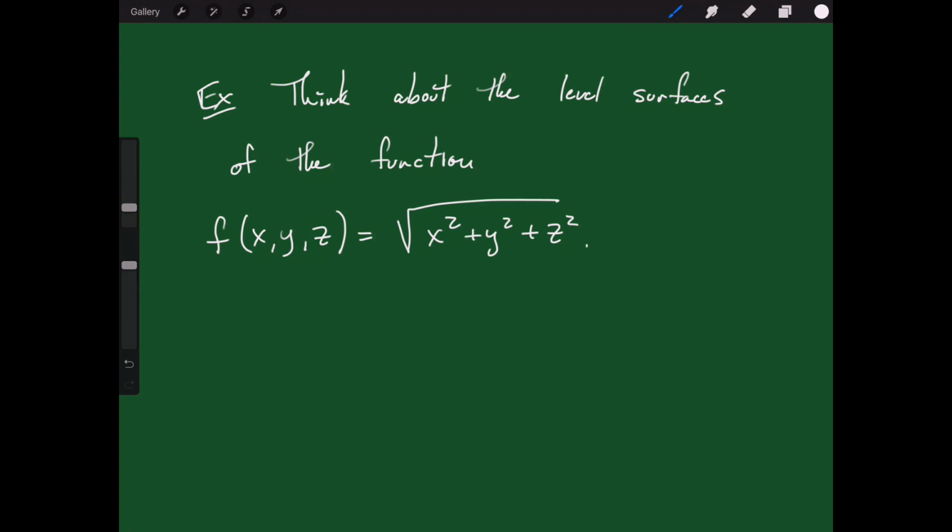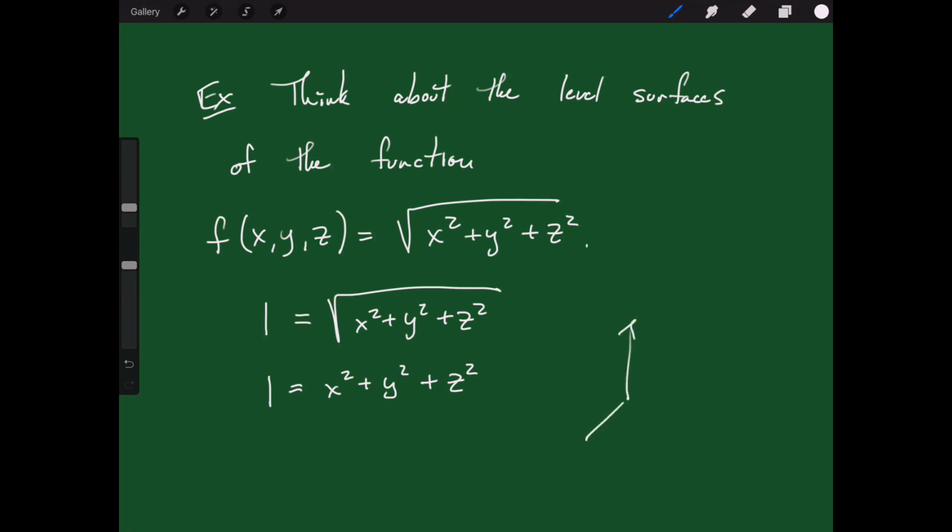So I could say, okay, what if 1 were equal to the square root of x squared plus y squared plus z squared? Or in other words, 1 is equal to x squared plus y squared plus z squared. Well, that is a sphere of radius 1. So if I were to draw my axes, this is 1, let's say, then I could draw a nice sphere of radius 1, and that is a cross section of that object.